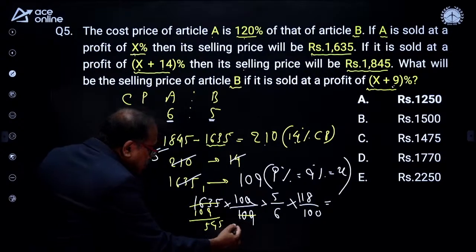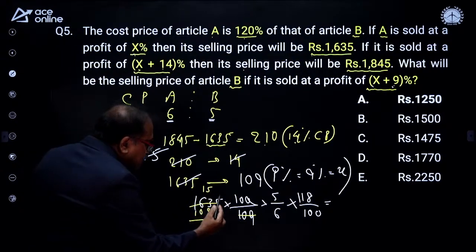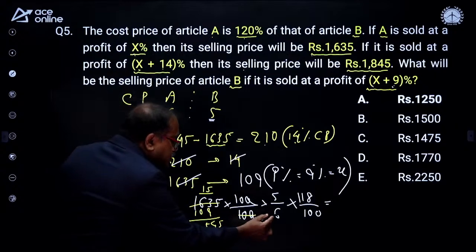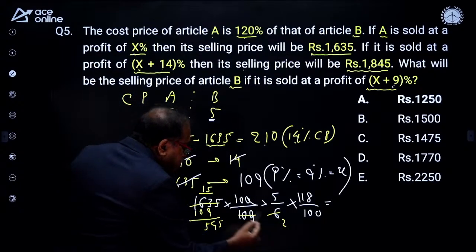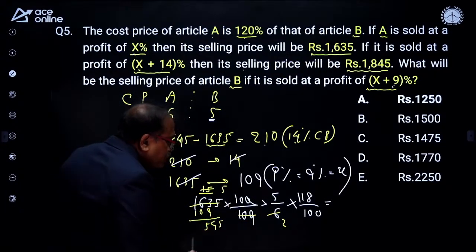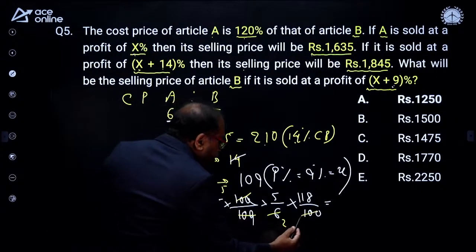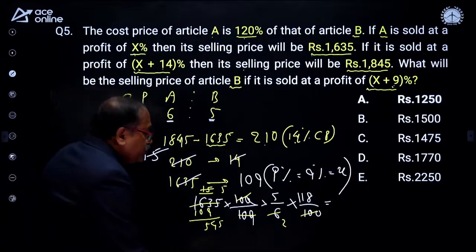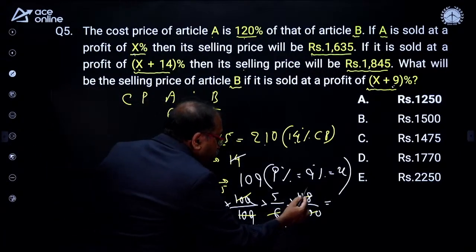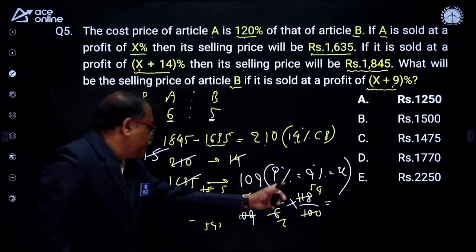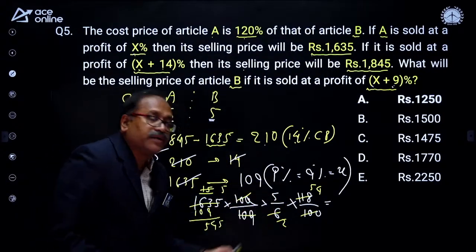So I notice that with 5 times it gets cancelled. So this is 15. And with 6, this is with 3 2 times, and 15 it gets cancelled 5 times. This 100 gets cancelled. And with 2, when you cancel this one, this is 54. So finally, I am getting 54 into 25.